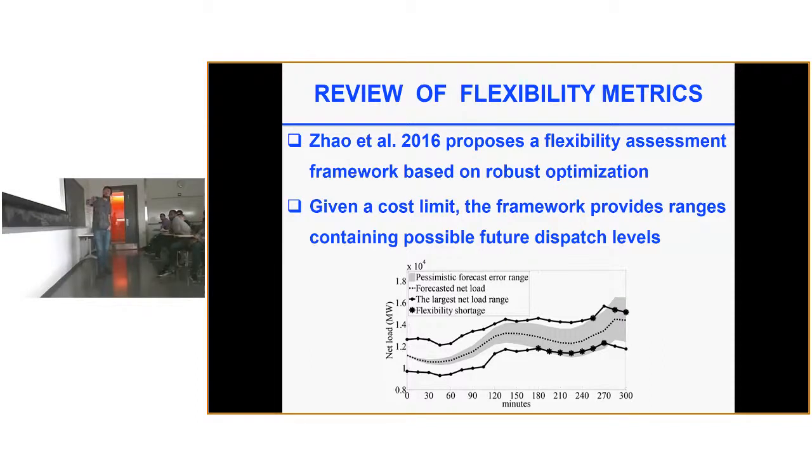And so this is delimited by the black lines, and then the gray area is based on historical data. What are their net load forecast errors? And they'll say if they expect a problem or not based on if the gray area is contained in the dispatch range that they can provide at that cost.